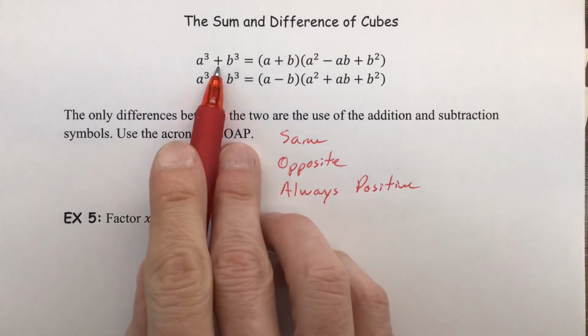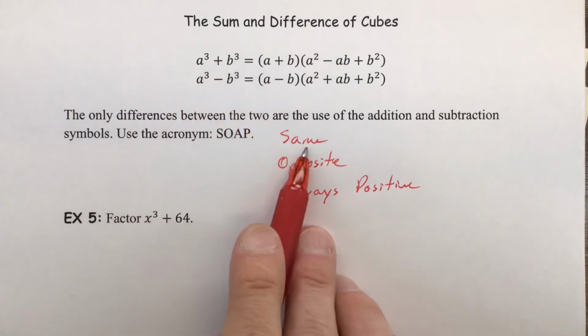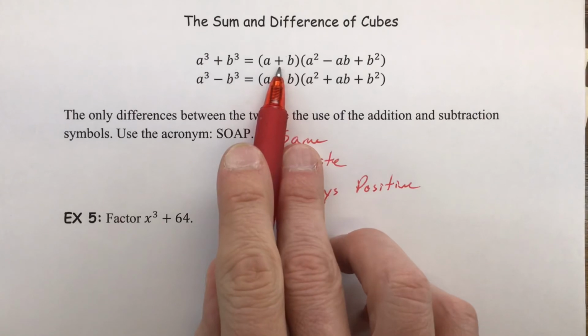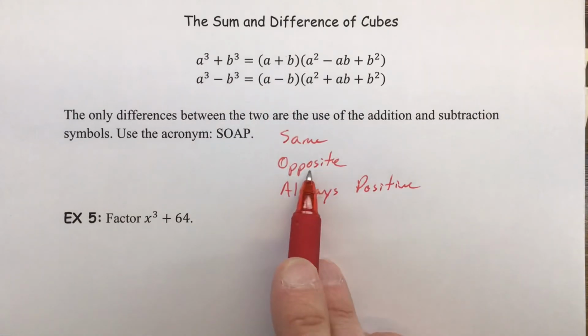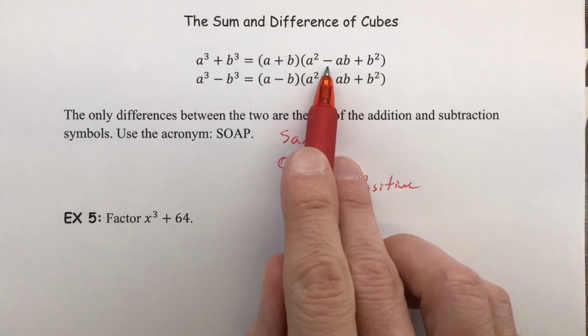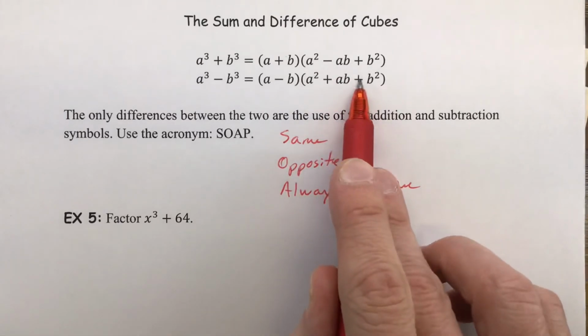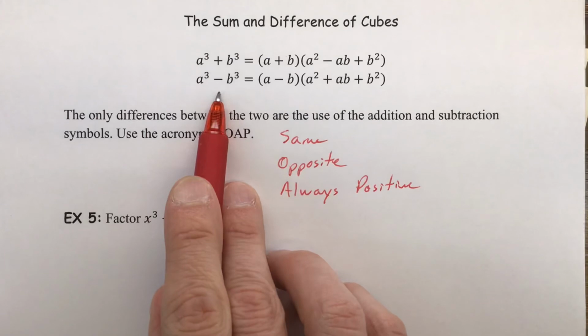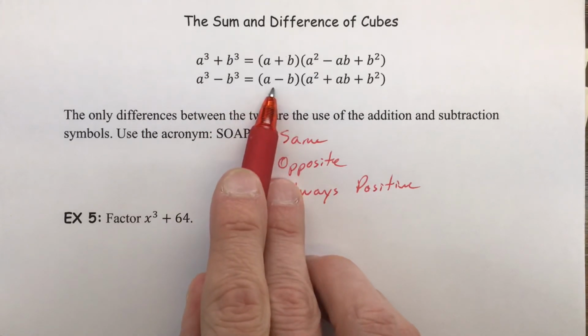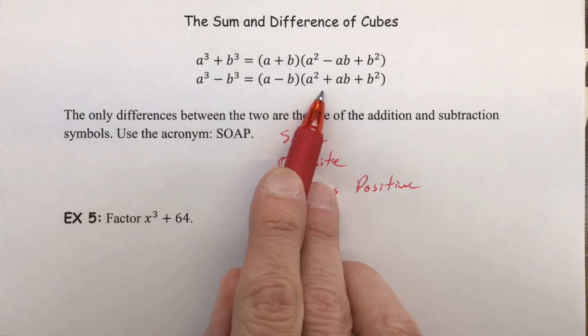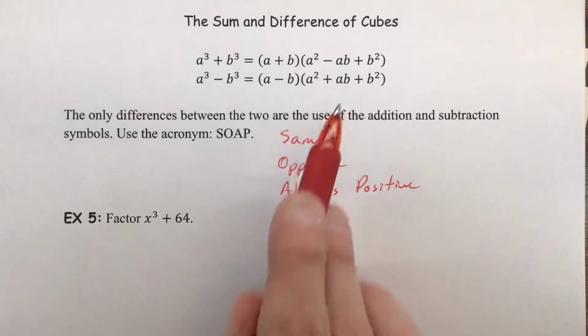If you start with a sum, your first operation is the same, which means you'll get addition here. Your second operation is the opposite, so that shows up as a minus. Your third will always be positive. Both of these are positive. If you start with a minus, you're going to have a minus here for same. You'll have the opposite as positive, then you will always have positive here.